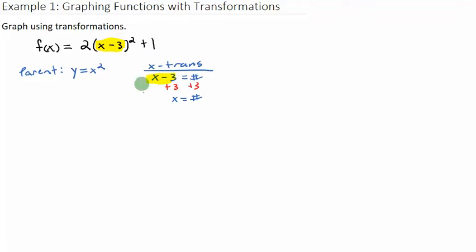So I have one x transformation, and that is add 3. And I always like to say, since it's an x transformation, I make sure to say that that is 2x. So that is my one x transformation.